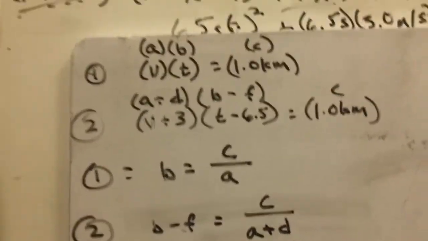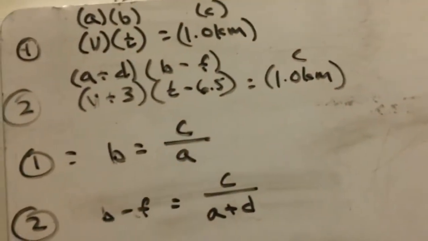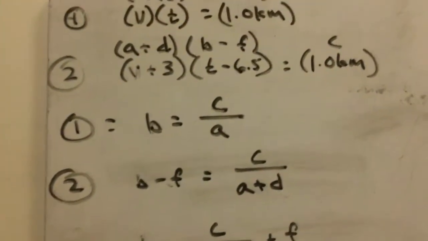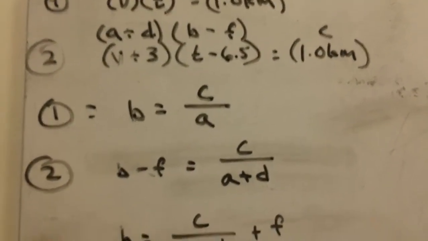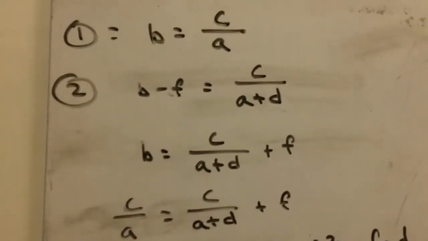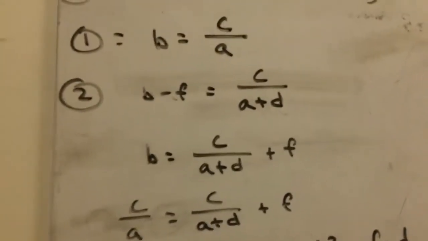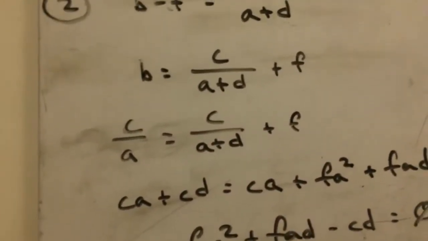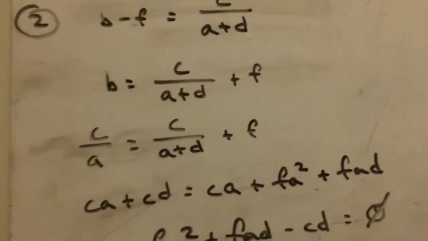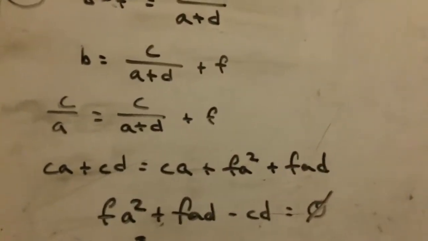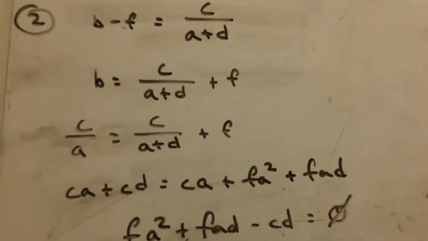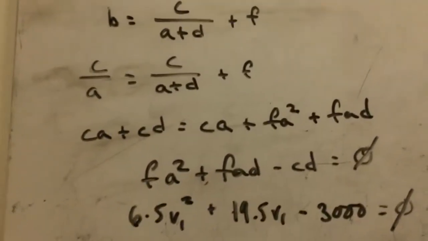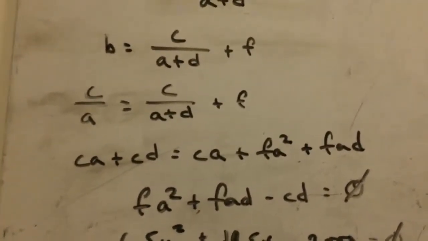So the first equation solving for B is C over A. Second equation solving for B, there you go. There's that part. Then you set B equal to B. So then we have C over A equal to C over A plus D plus F. Then we multiply by A times A plus D, which gives you that.